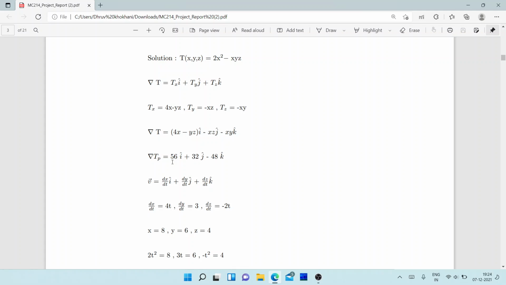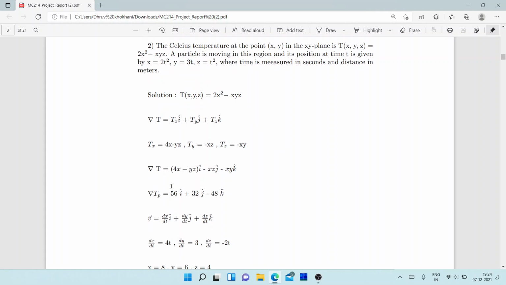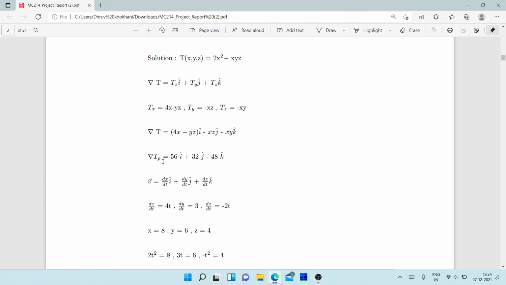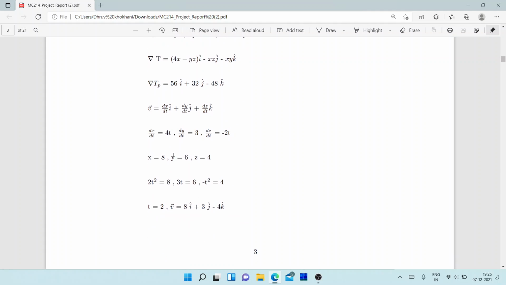After that, we find the gradient of T. So the gradient of T is dT by dx i plus dT by dy j plus dT by dz k, which is 4x minus yz i minus xz j minus xy k. At point P, we get the gradient of T equal to 56 i plus 32 j minus 48 k.